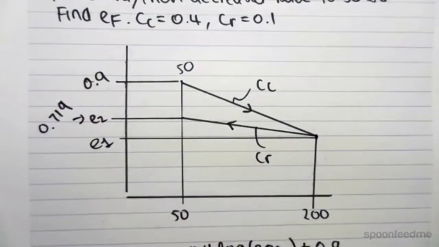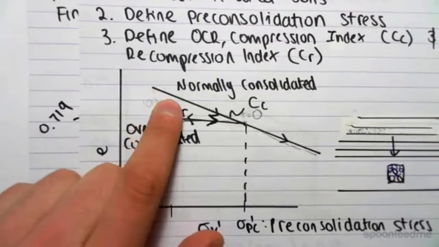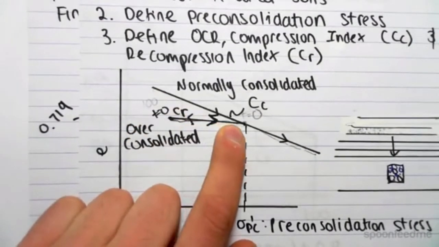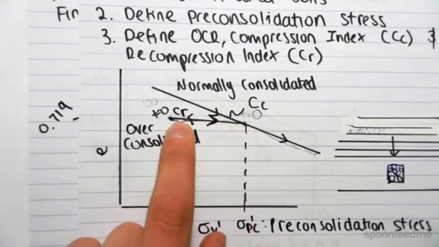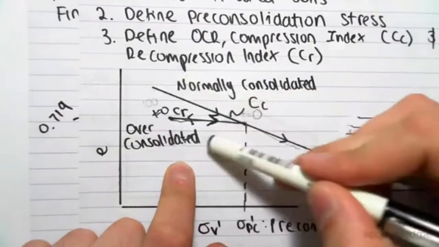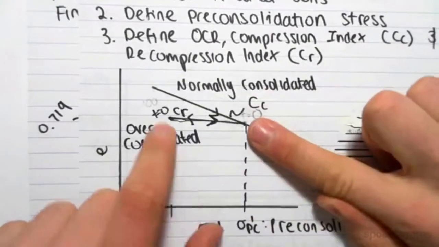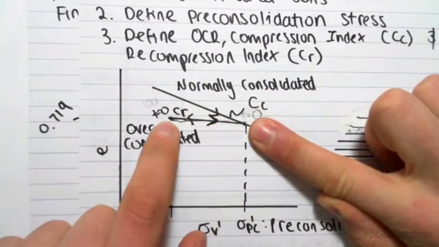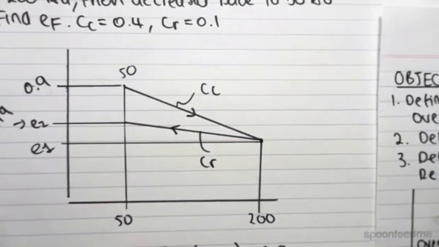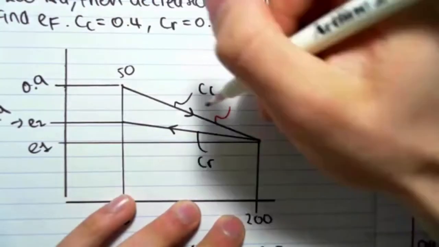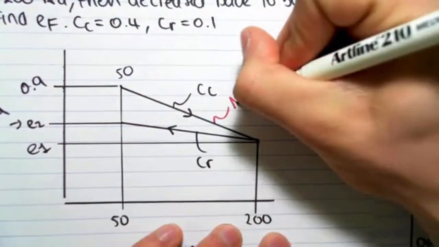So once again, just to clarify what we've done in this example: we've come down the normally consolidated line, and then we've reached a point where we now decrease the stress, which means that we have to go along the over-consolidated line. So ignoring that, just down and up is what we've got here. We're going down and up, where this line is normally consolidated.